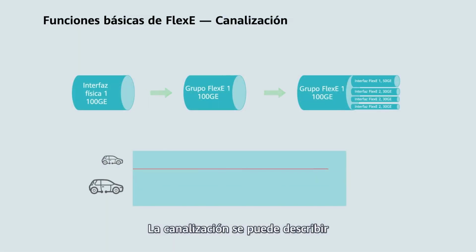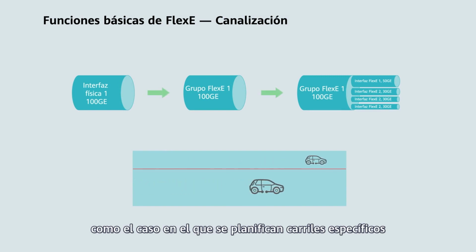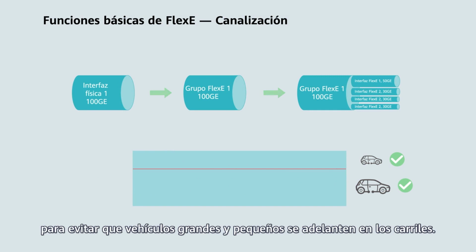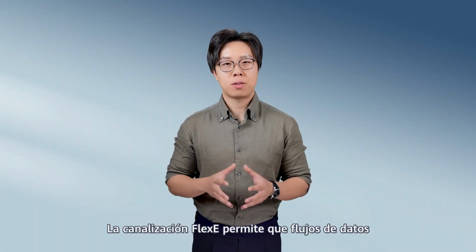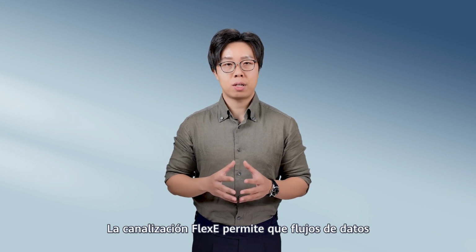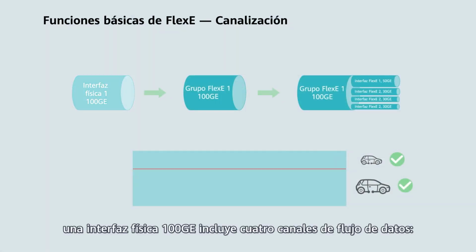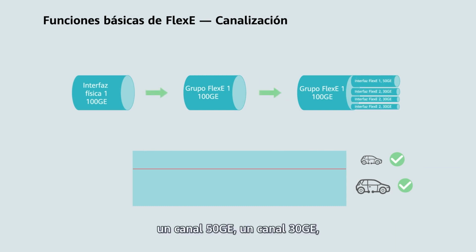Channelization is like a situation where dedicated lanes are planned for different types of vehicles to prevent large and small vehicles from preempting lanes. FlexE channelization allows data flows with multiple low rates to share one or more physical interfaces. For example, a 100G physical interface carries 4 channels of data flows: one 50G channel, one 30G channel, and two 10G channels.